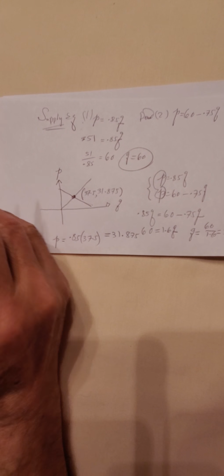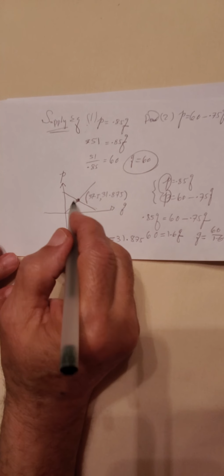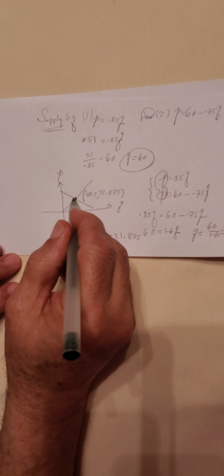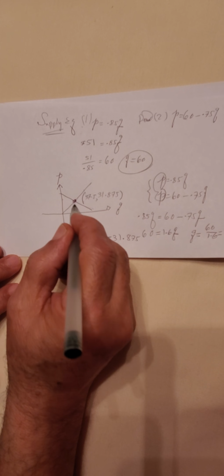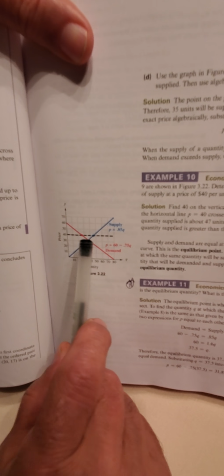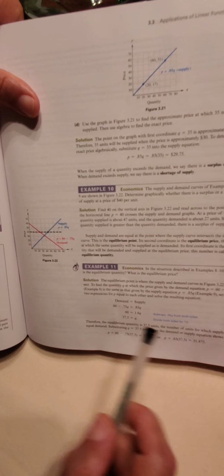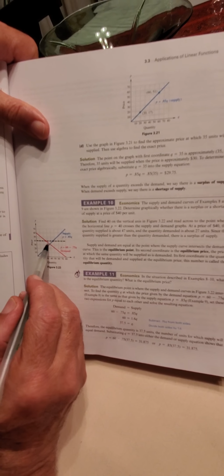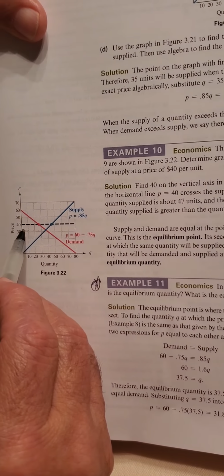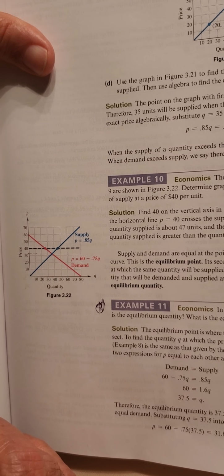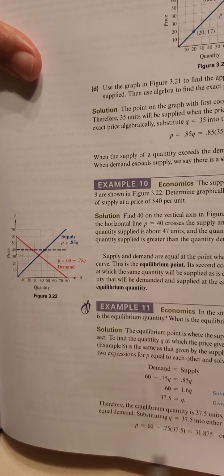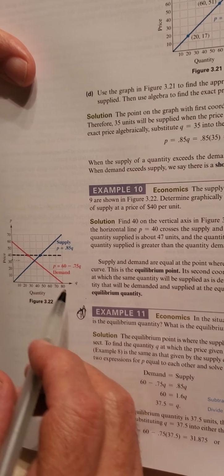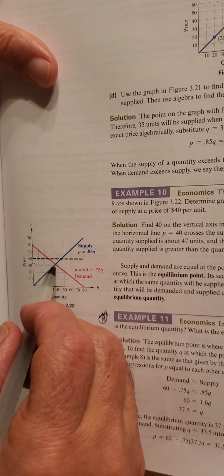The equilibrium point is the point for which the P of both of them is the same. If you look at the picture, it also makes sense. P is about 31.85, from here to here, a little over 30, almost 31. Then you find Q, again from the same point of intersection.